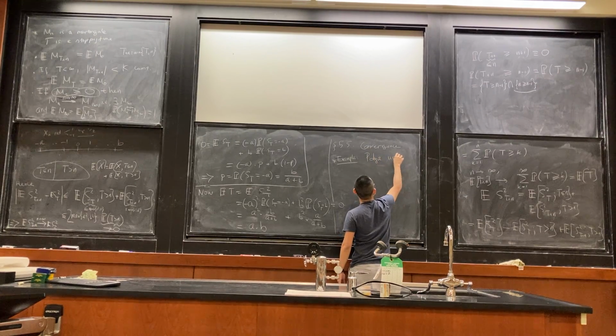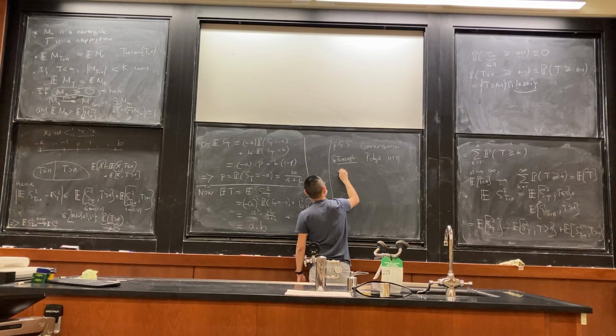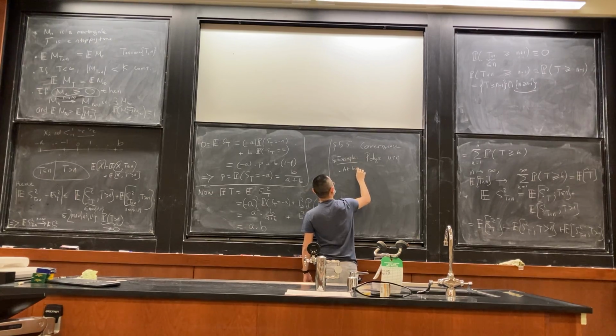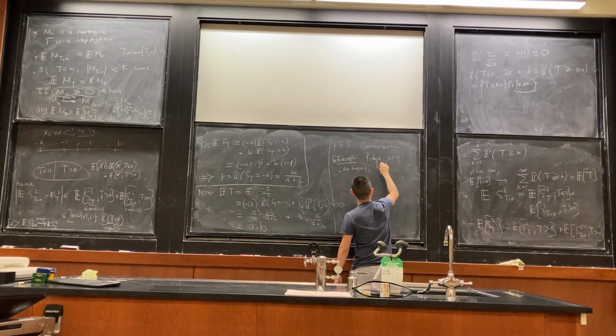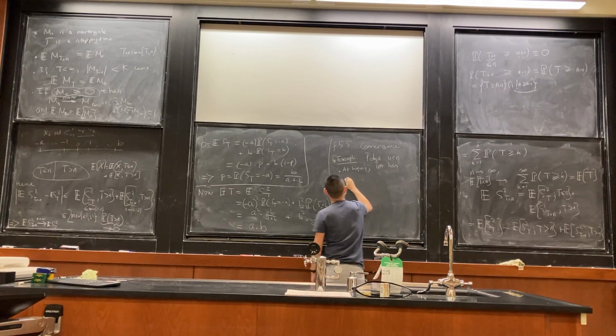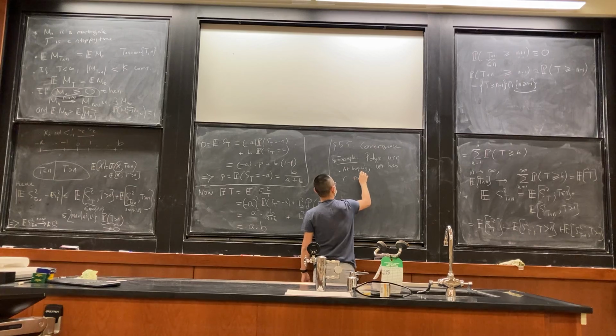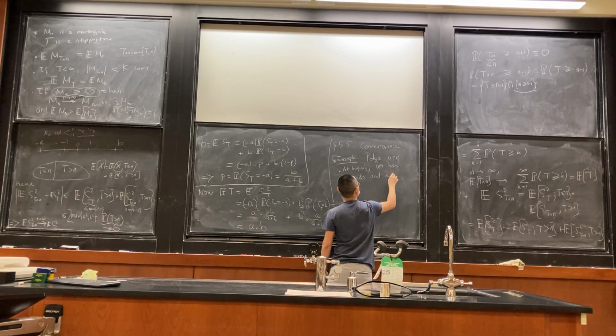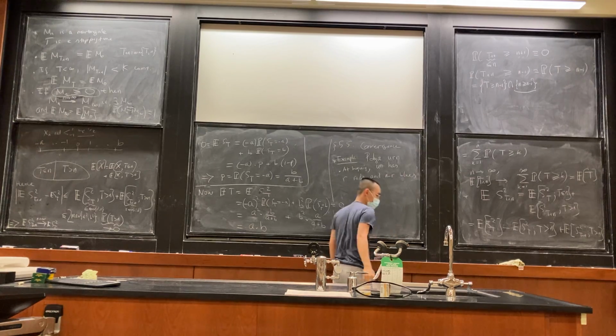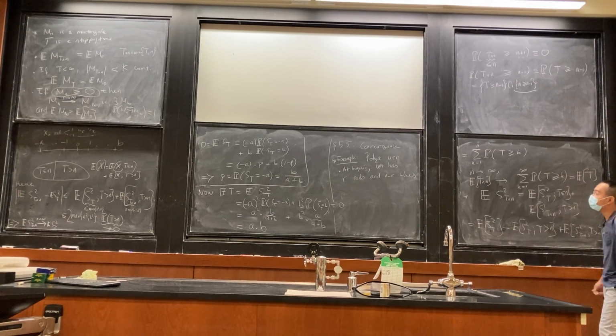The Pólya urn problem. All right, so suppose at the beginning the urn has r red balls and n minus r blue balls. In other words, the total is n.